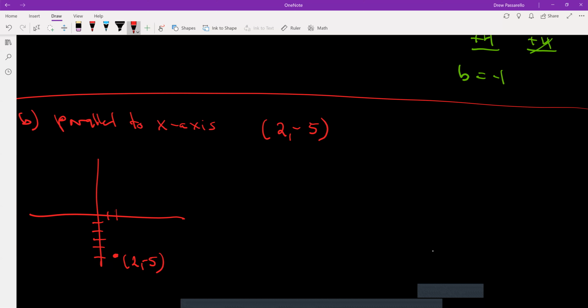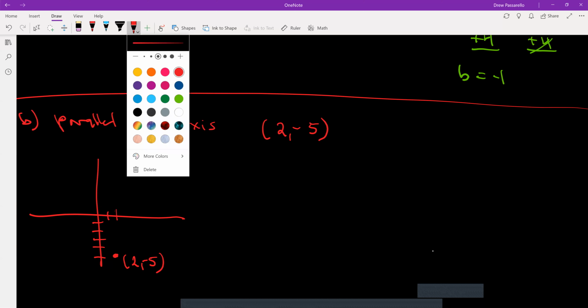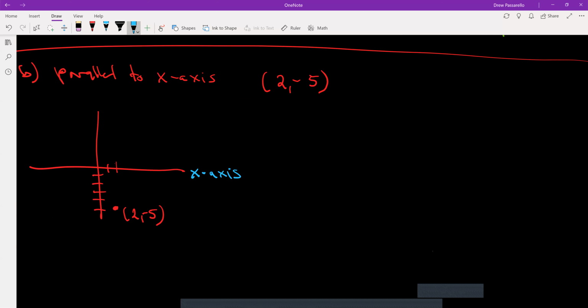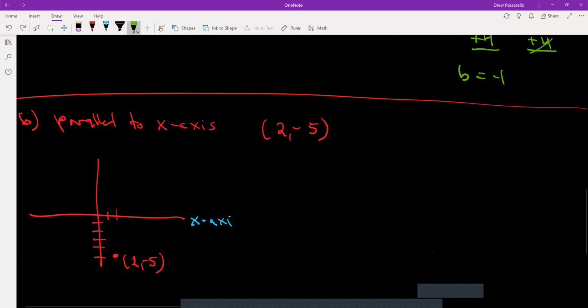And then be parallel to the x-axis. Well, the x-axis, right, is this horizontal line. If I'm going to be parallel to it, I need another horizontal line. And so it would look something like this. Let me get that point more aligned. Let's see, so it's more about right here.